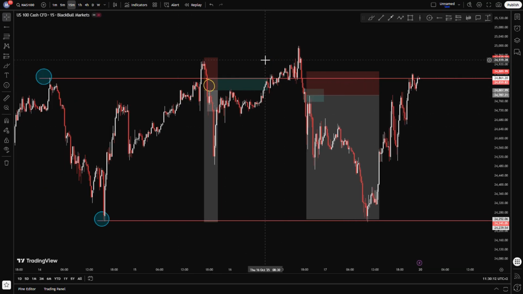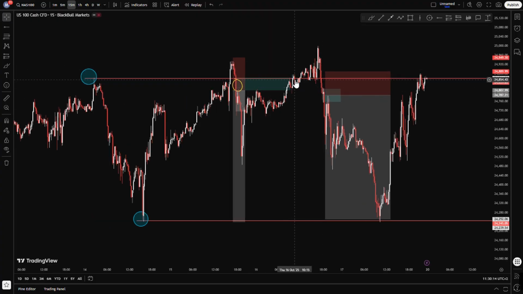Okay, so now this movement to the upside actually invalidated the setup, right? Because now look at this, we have this high and we also have this low. We can see that price has taken out the liquidity here, and then dropped back into the range.